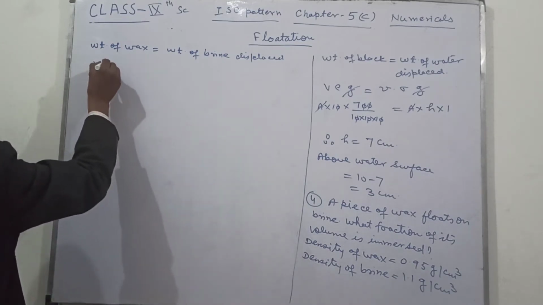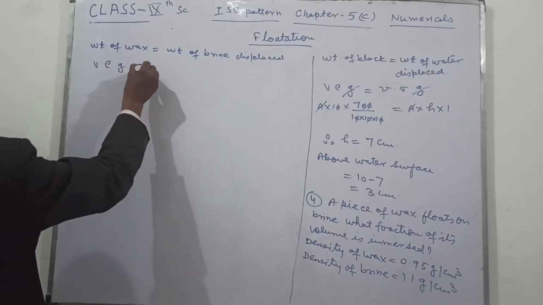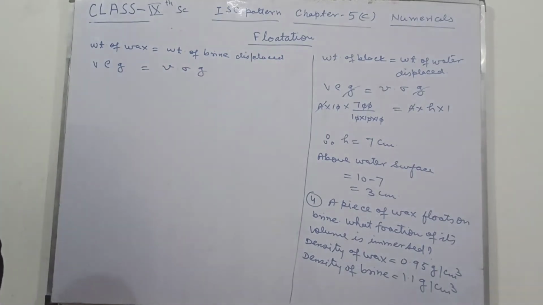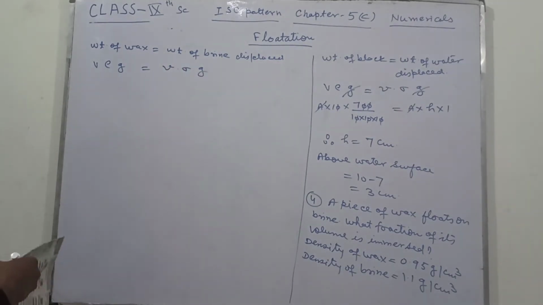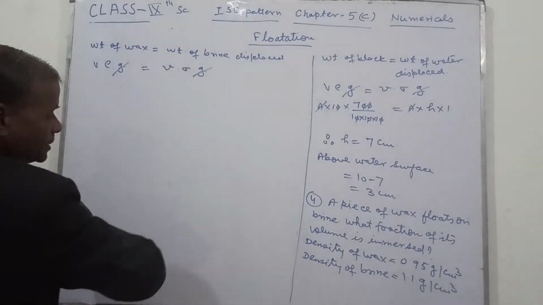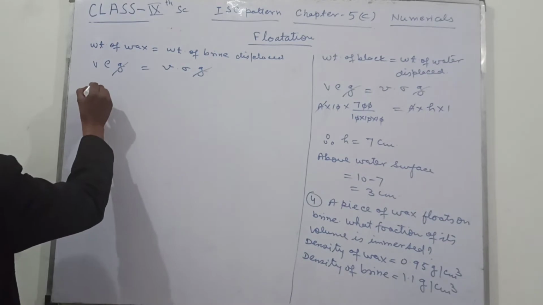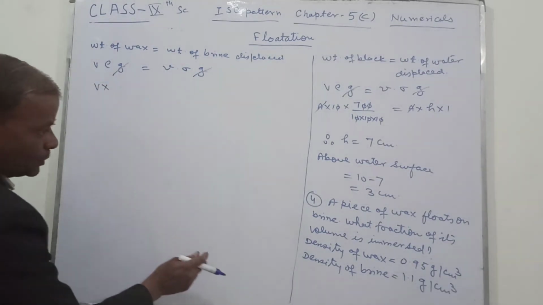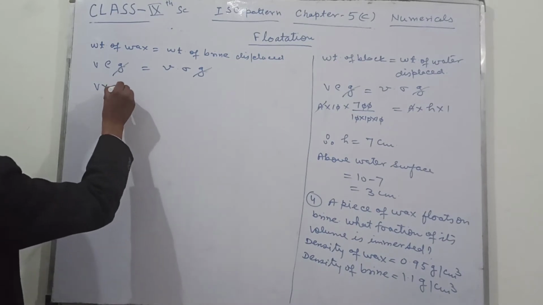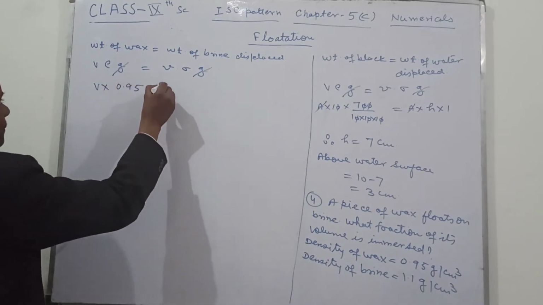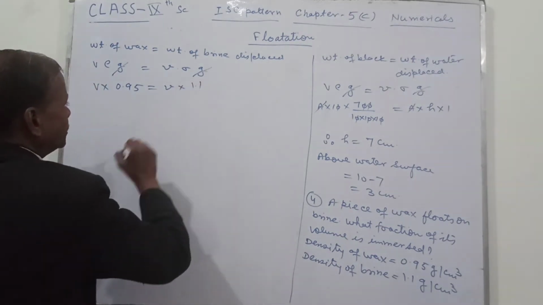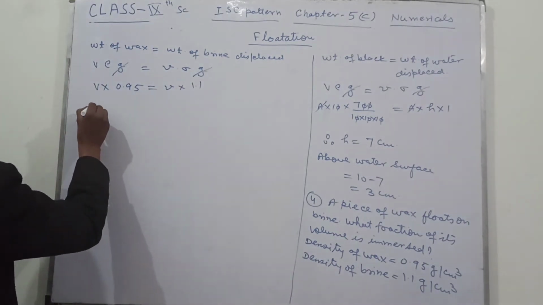So this is V rho into G equals v sigma into G. Now G will cancel, and this rho is given, wax 0.95, and this is v into 1.1.